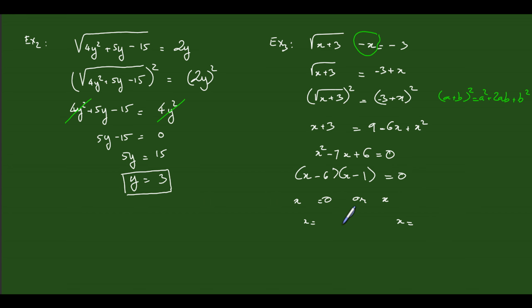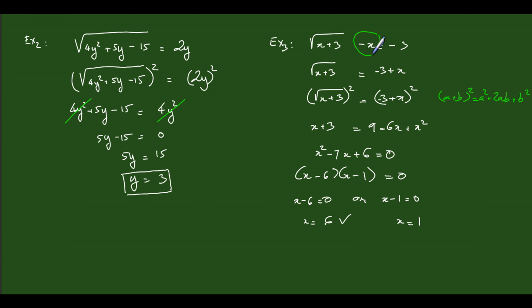Let me erase everything. So we're going to have x plus 6 equals 0, x minus 1 equals 0, so x equals negative 6, x equals 1. Let's check. Negative 6 over here is equal to 3, and 3 over here, negative 3. It works, so this one works. How about x equals 1? That looks like this is not good.